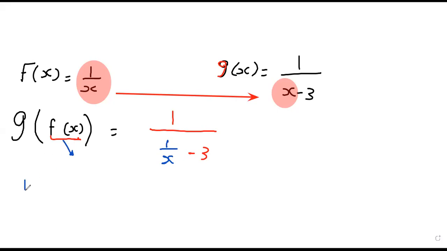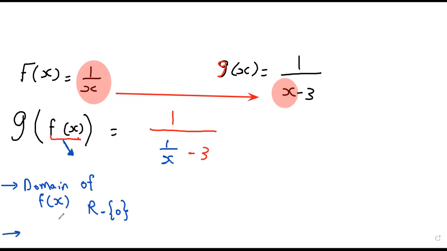So the domain of f of x alone is R difference 0. And what about the domain of g of f of x? You should find the domain of f of x, the original first function, and find the domain of g of f of x.